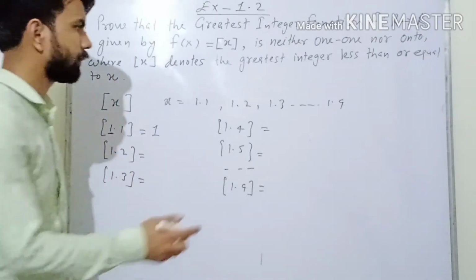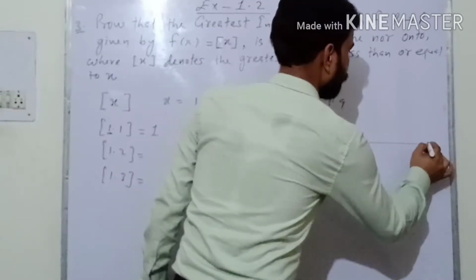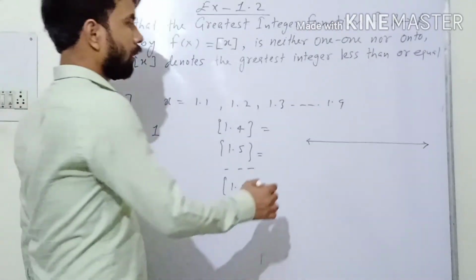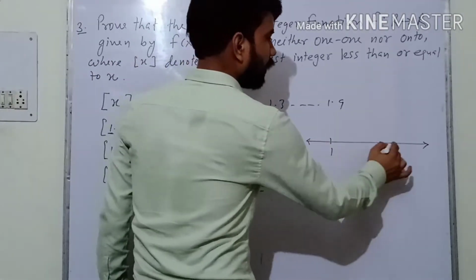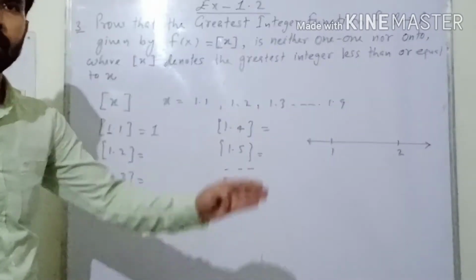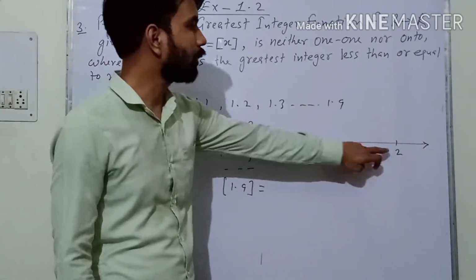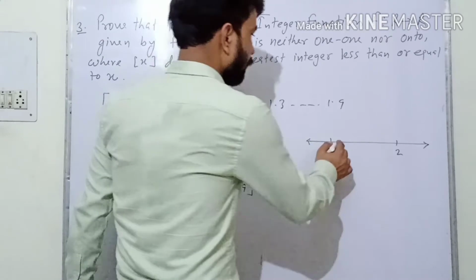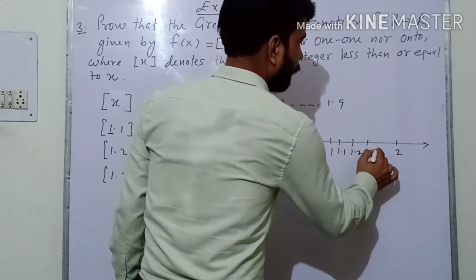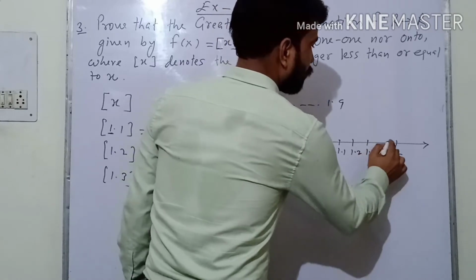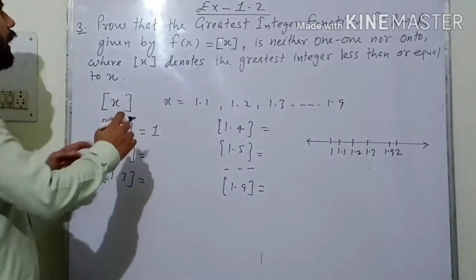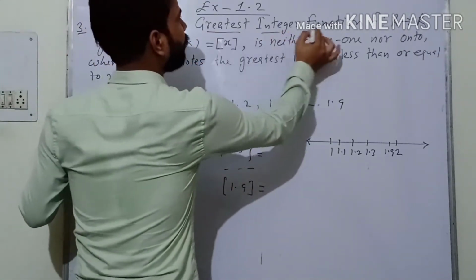Listen carefully. Suppose this is a real number line. This is 1 and this is 2. All the numbers 1.1, 1.2, 1.3 up to 1.9 lie between 1 and 2. So this is the greatest integer function.